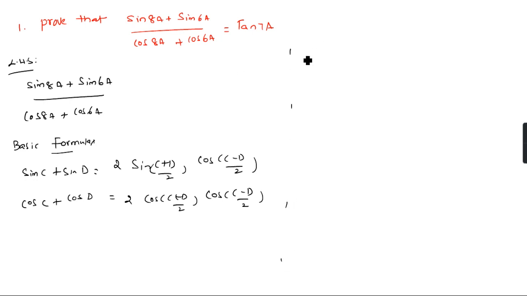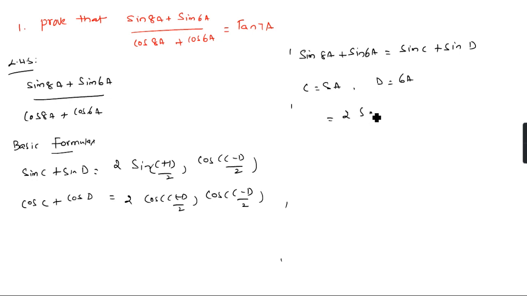So for solving this equation, first sin 8a + sin 6a. The form is sin c + sin d, where c = 8a and d = 6a.